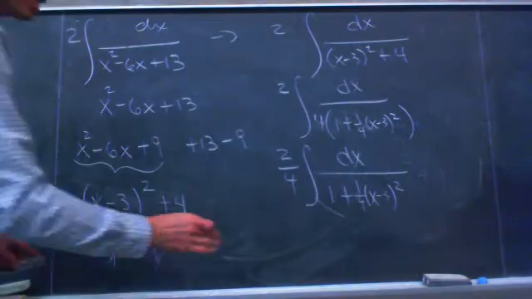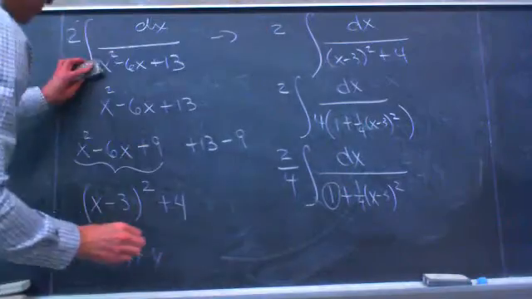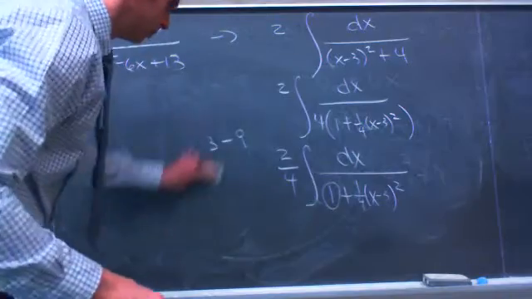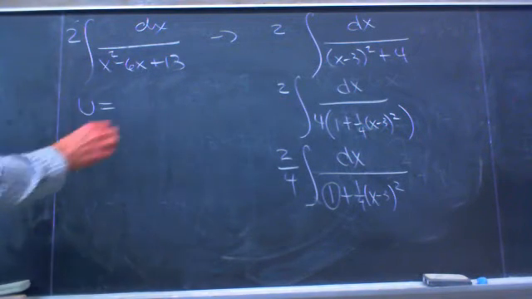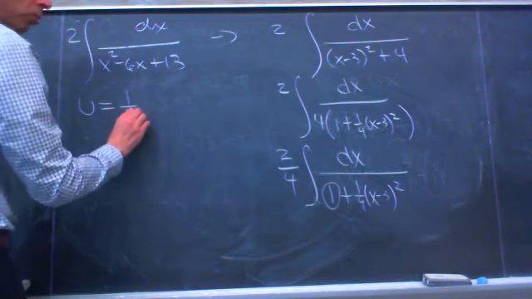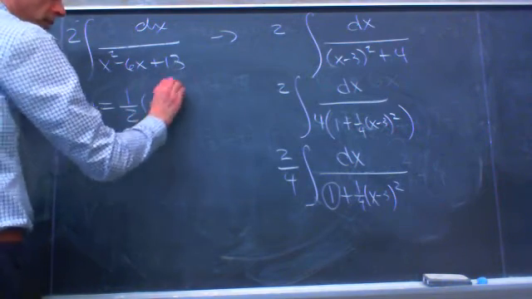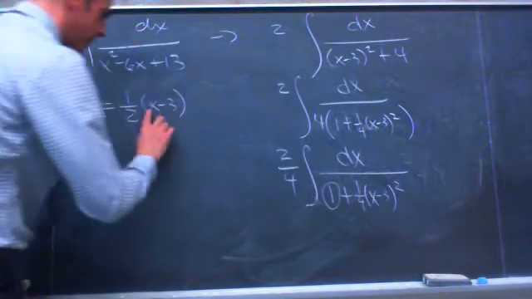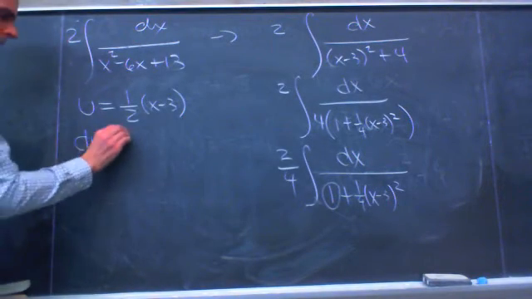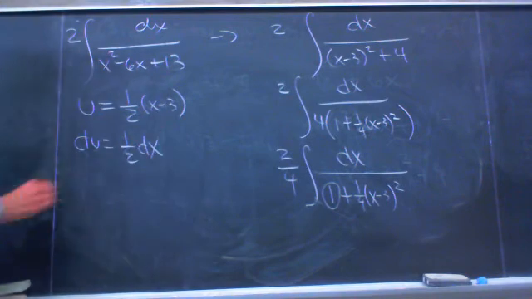Now that I have the constant of a 1, I can choose my u. U is going to be the square root of the variable piece, which is 1/2 of (x minus 3). The square root of a quarter is a half, and the square root of that is x minus 3. du is just 1/2 dx.